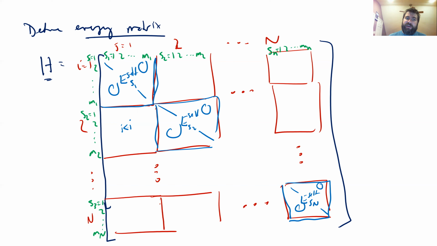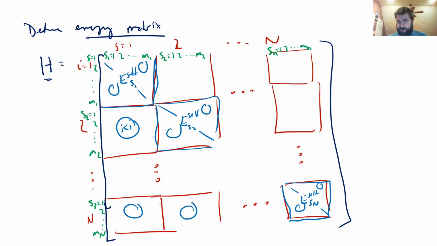How do we represent this in the matrix? We put just zeros everywhere down here. So this is an upper triangular block matrix. All of the blocks below the diagonal are completely empty. The diagonal matrices are diagonal matrices.